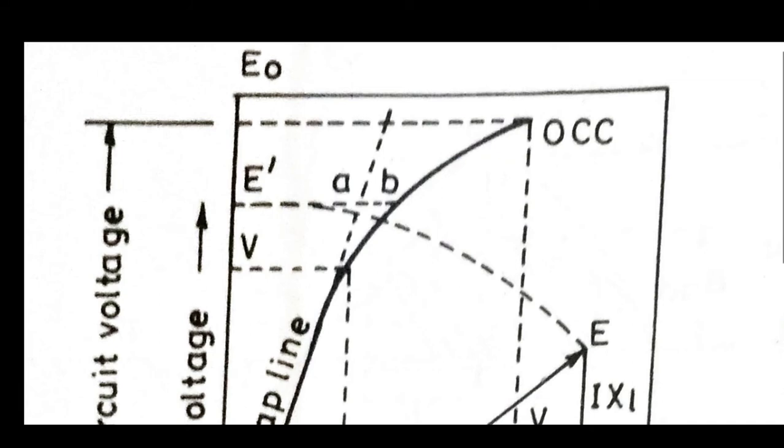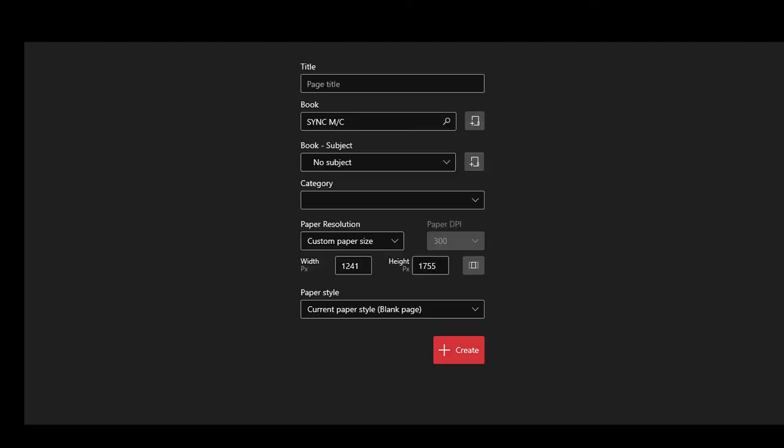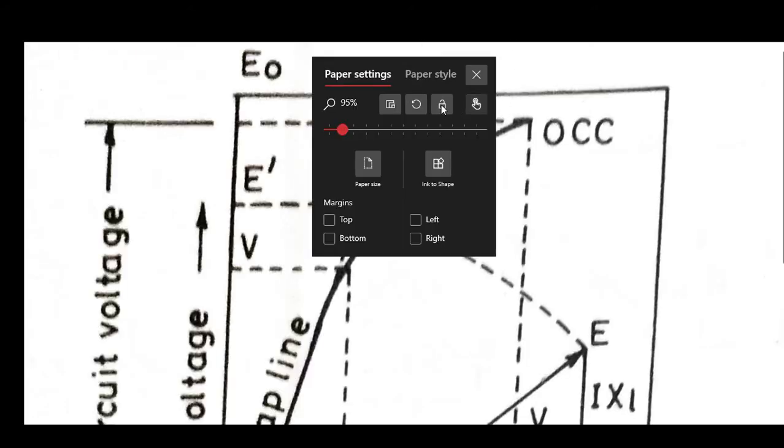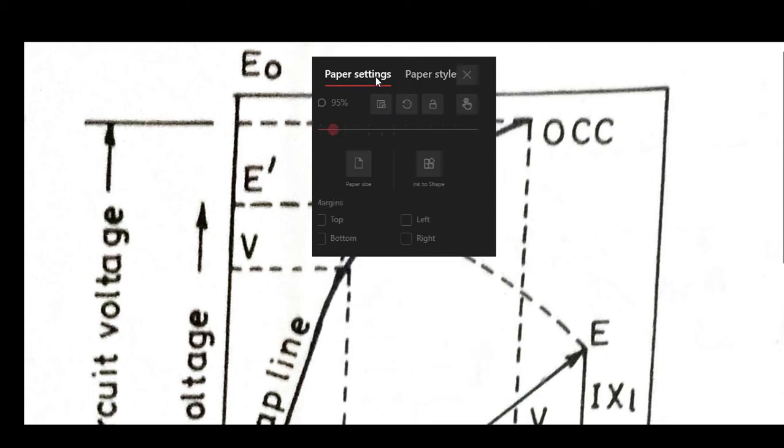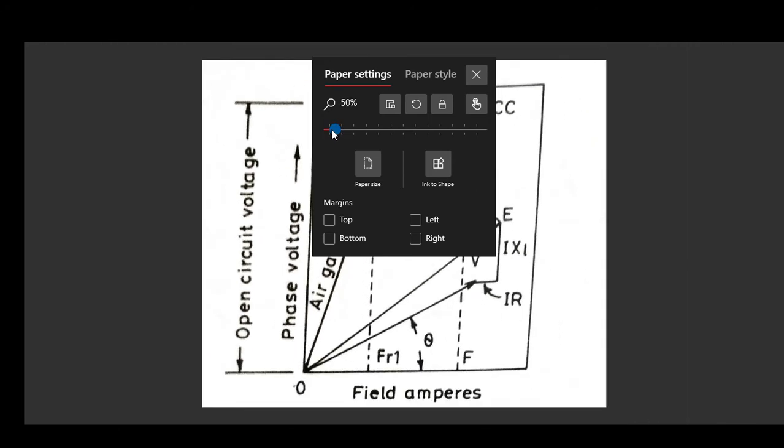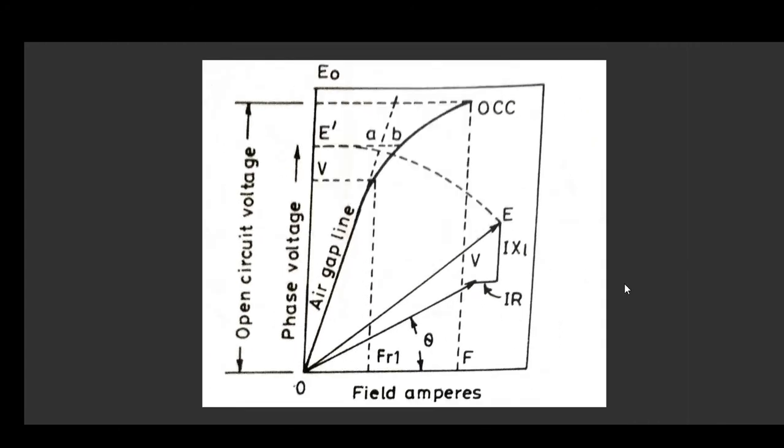So here what I am trying to say is that, a very basic thing, let us try to understand this one.